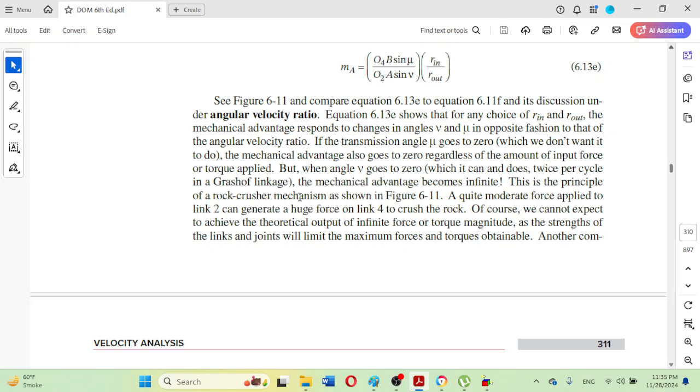This is the principle of rocker crusher mechanism in section 11F. A quite moderate force applied to the link 2 can generate a huge force on link number 4 to crush the rock. Of course, we cannot expect to achieve the theoretical output of infinite force or torque magnitude, as the strength of the links and joints will limit the maximum forces and torques obtainable.